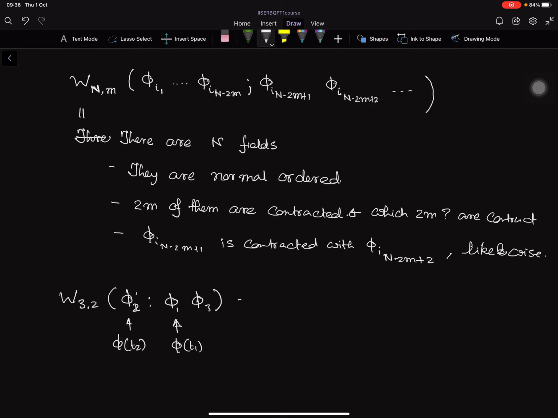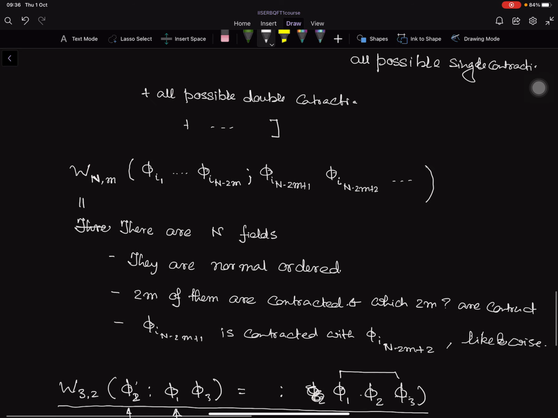This quantity is the same as phi 2. We will always write in this way, phi 1, phi 2, dot dot dot, phi 3, and these two are contracted. So this notation means that.